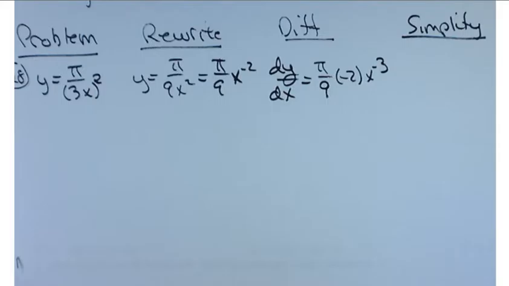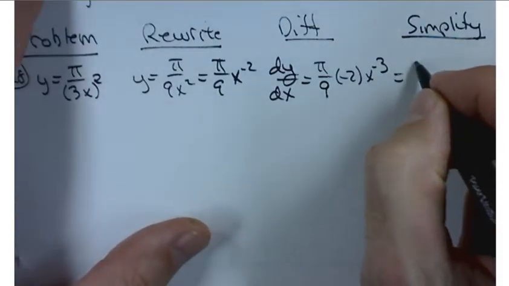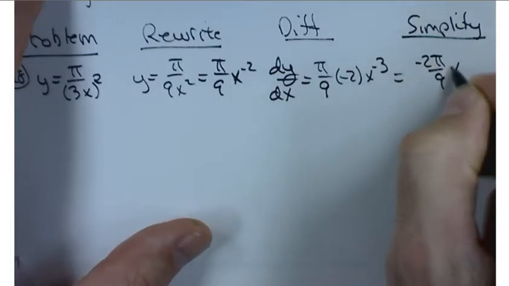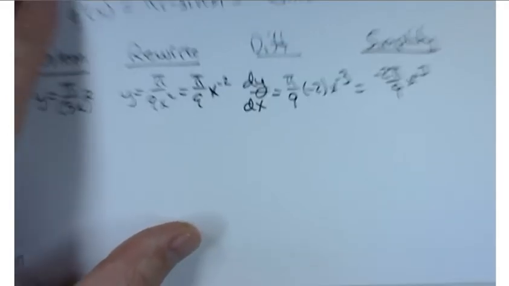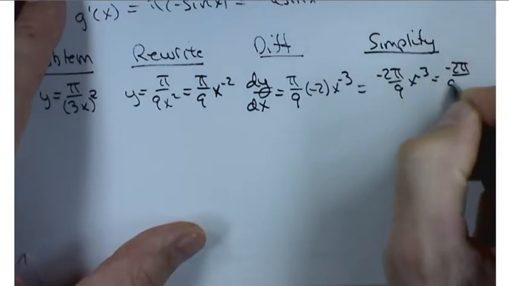Ugh. Looks kind of messy. I'd like you to clean it up a little bit. And that's the last part, the simplification, where you could write that as minus 2 pi over 9 times x to the negative third. Or I guess one last step, you could drop that down into the denominator. Minus 2 pi over 9x cubed.